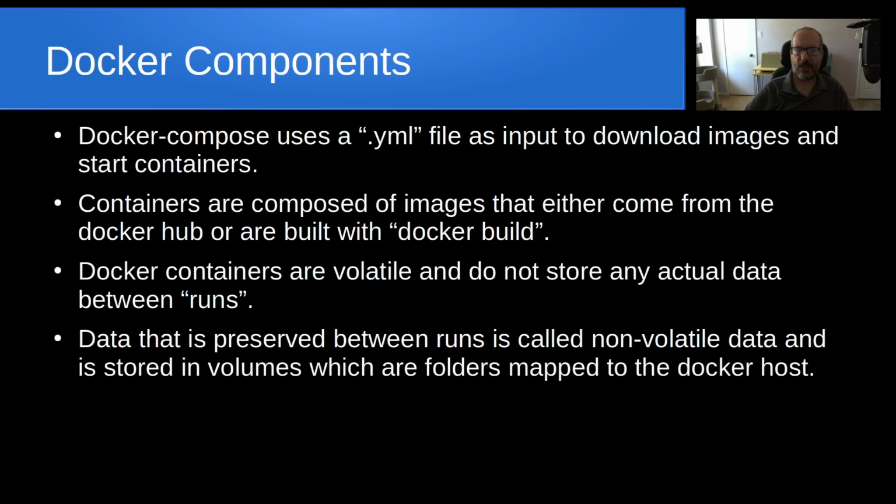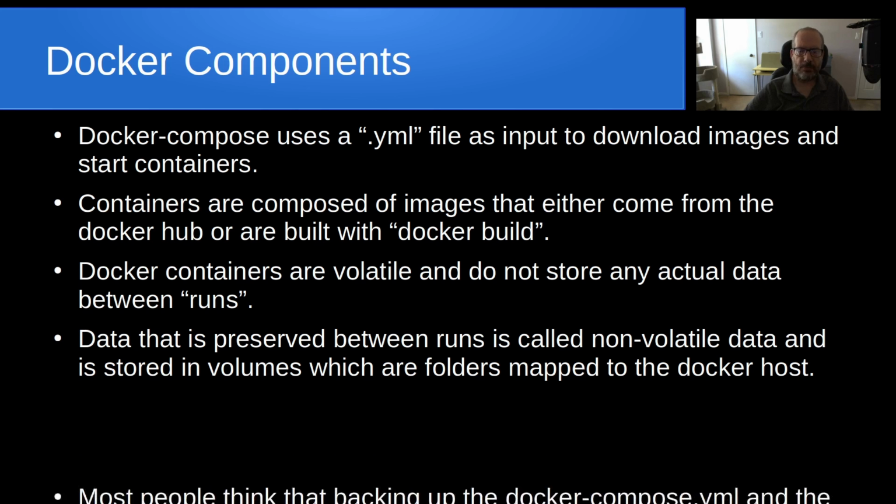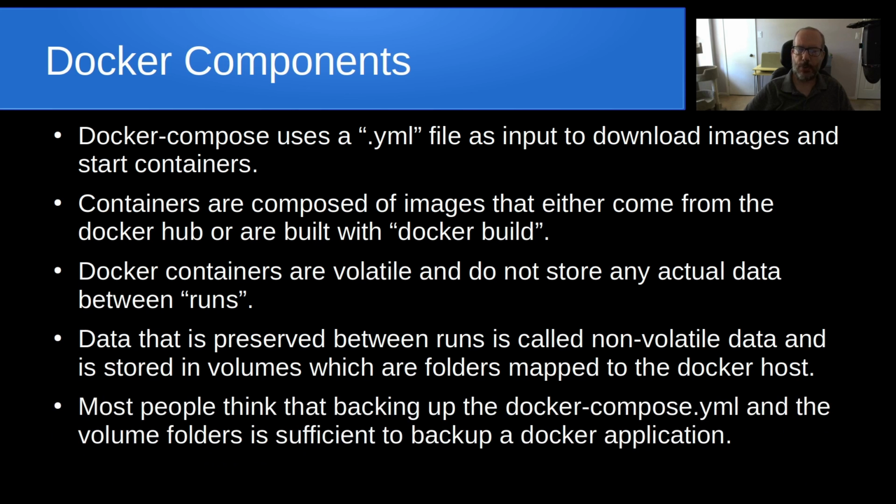Data that is preserved between runs is called non-volatile data, and it's stored in volumes, which are folders mapped back to the Docker host. Most people think that backing up the Docker compose.yaml file and the volume folders is sufficient to back up a Docker application. And that is not always true, as we're about to see.